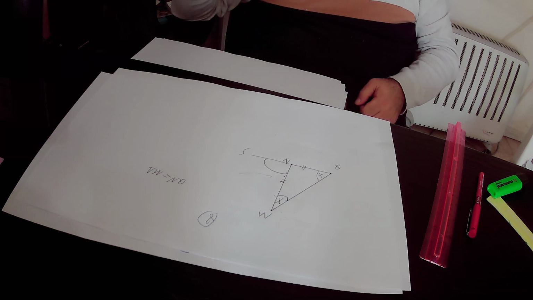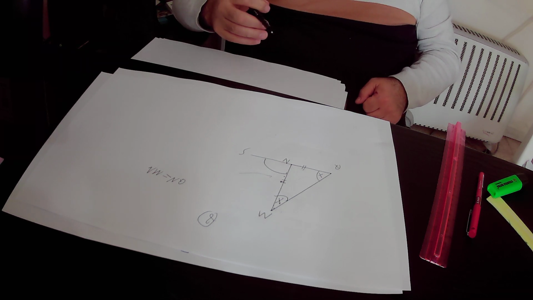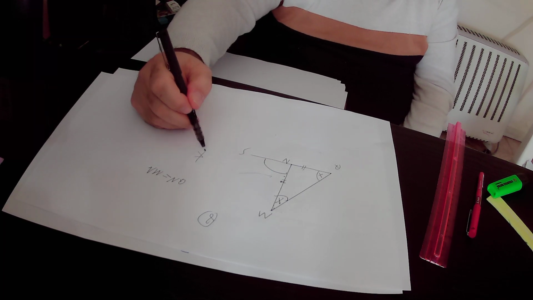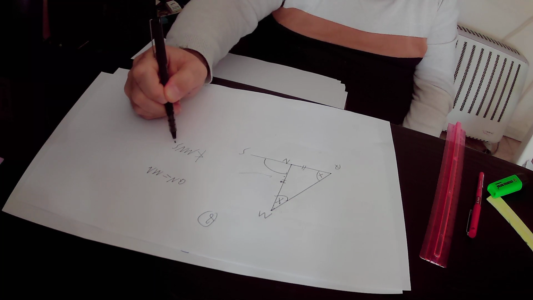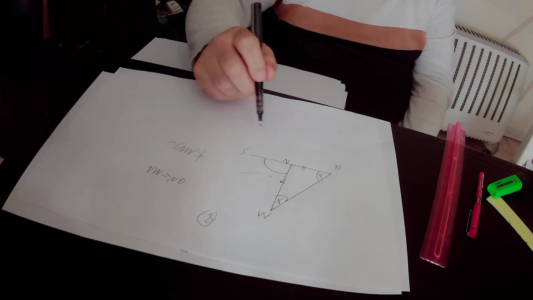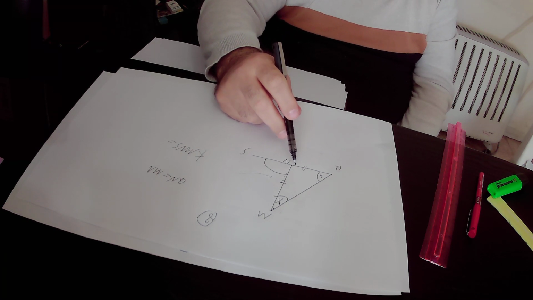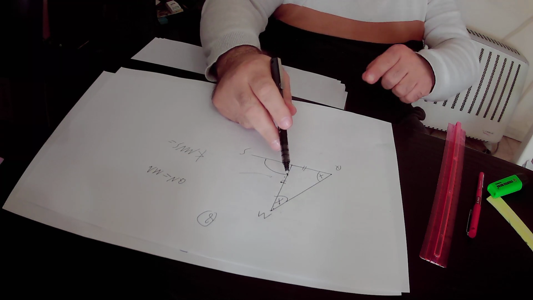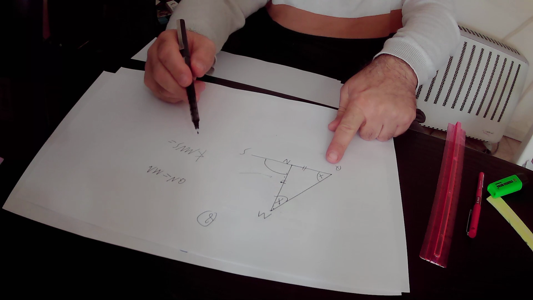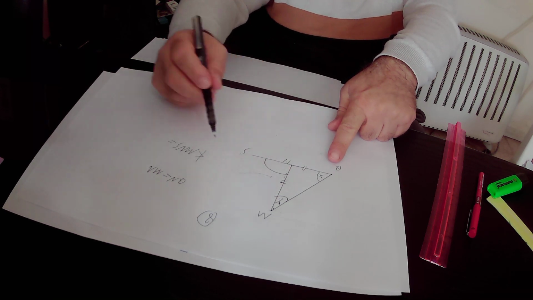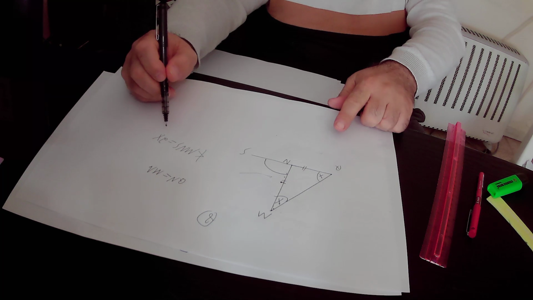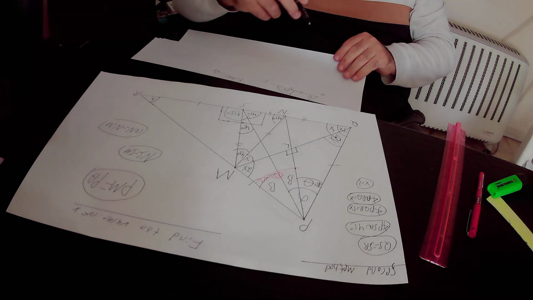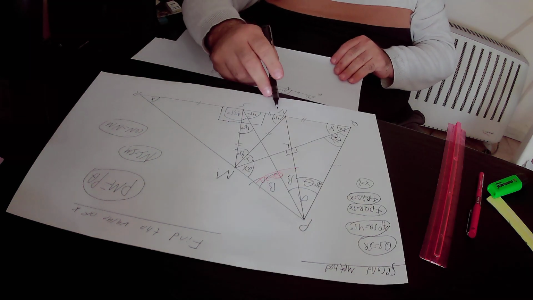And according to rule number 4, the value of the exterior angle MNS is equal to the sum of the angles that are not adjacent to it. This angle is adjacent to angle MNS, so the other two angles that are not adjacent to it are those two angles. That is to say, angle MNS equals x plus x, that is to say, it equals 2x. So we found out that angle MNS equals 2x.